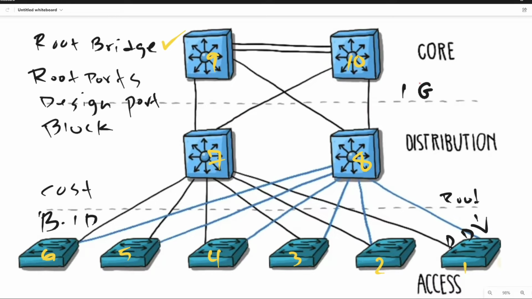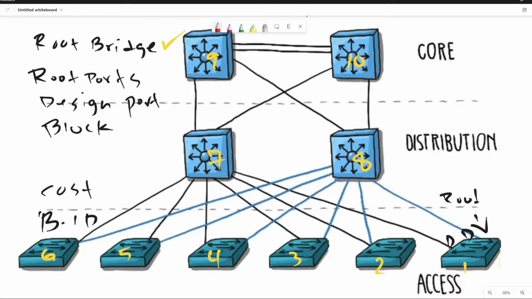If we're talking about 1 gig, then we're talking about a value of 4. And if we are dealing with a network that has 10 gigs, then we're talking about a value of 2. So that will be the cost for spanning tree when it comes to taking a look at that factor to make a decision.